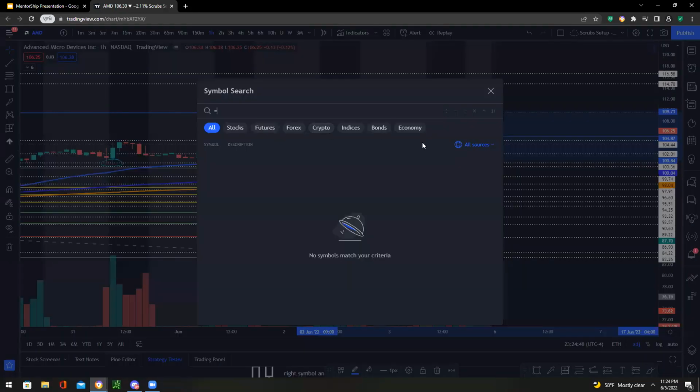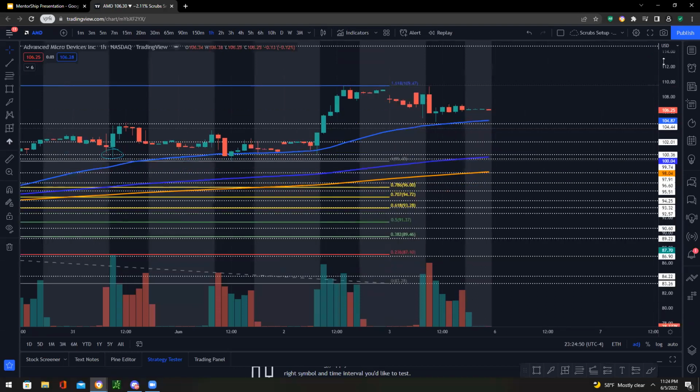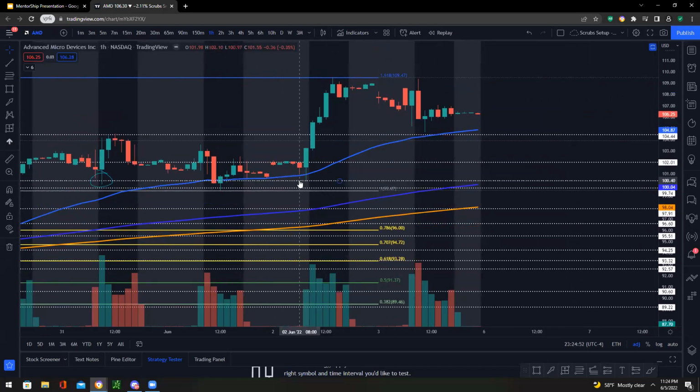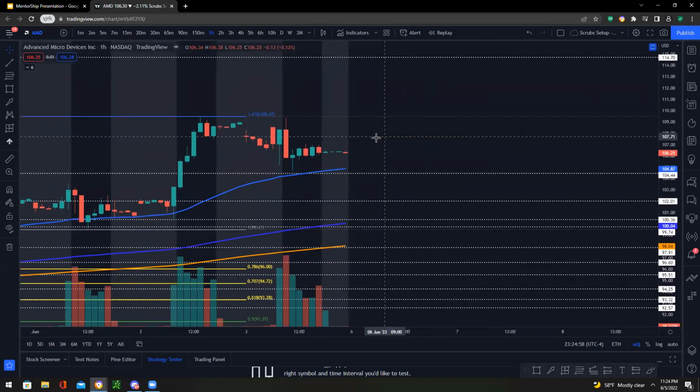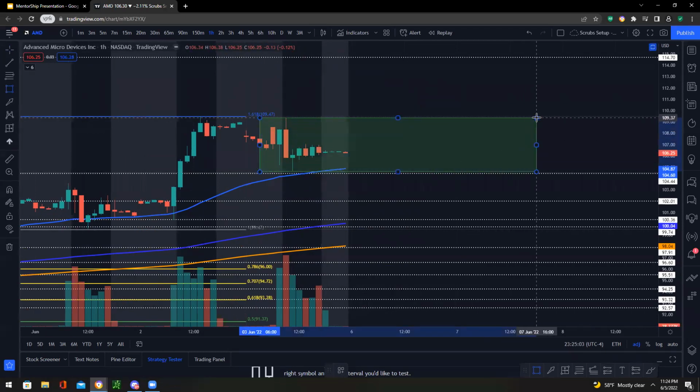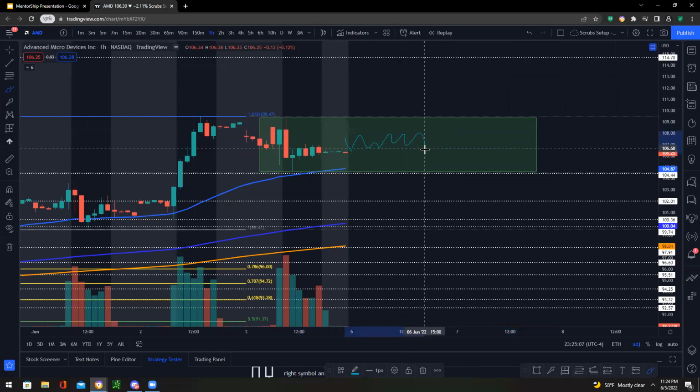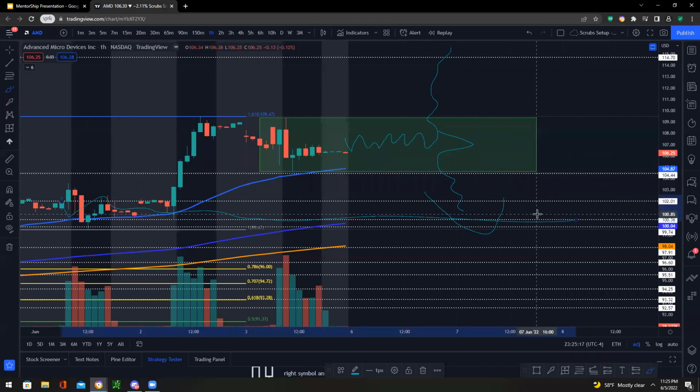But usually with AMD, because I know how AMD runs, after a big run up like this, it does have a teeny bit of a cooling off period. So we could see a sideways day tomorrow if it stays within this range. That would be more of a sideways cooling off period, or it could just either be really aggressive again up to the upside, or just retrace back down to this liquidity area.